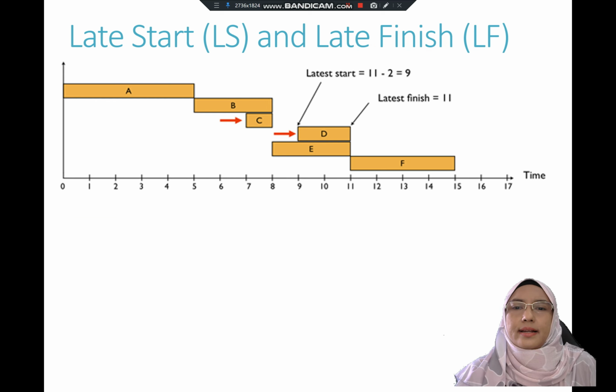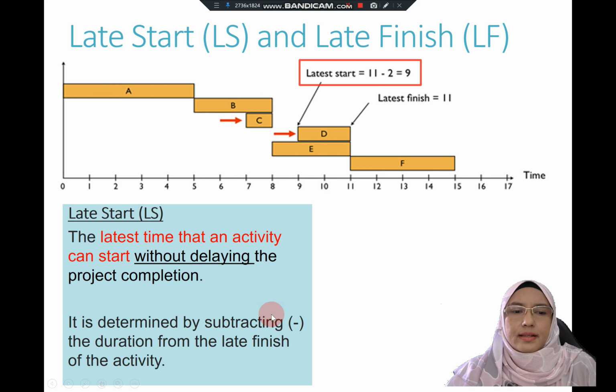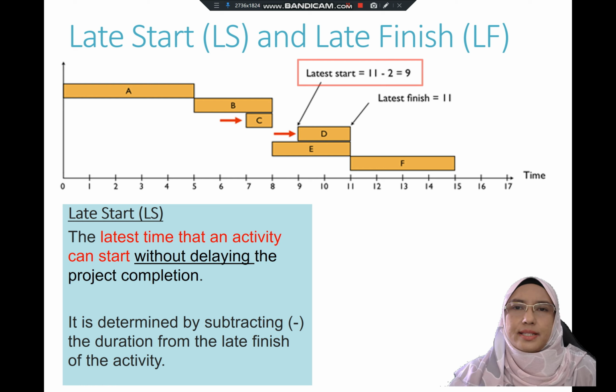What do late start and late finish mean? Late start is the latest time that an activity can start without delaying the project completion, and it is found by subtracting the duration from the late finish of the activity.